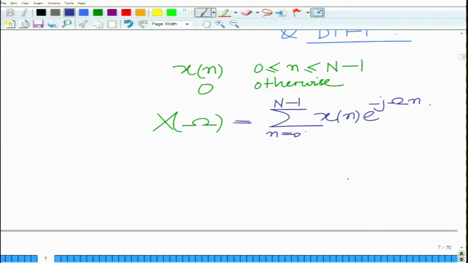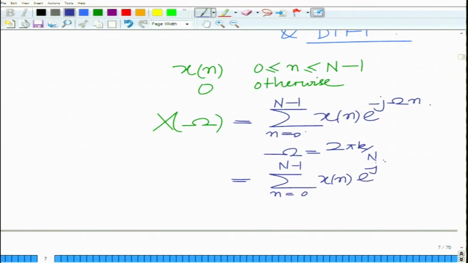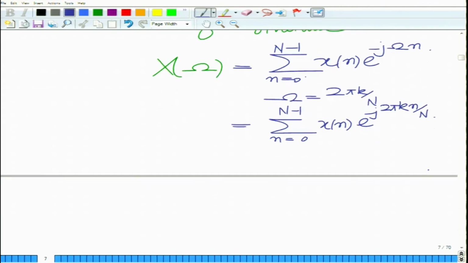Now, if you substitute omega equal to 2 pi k over N, this will become summation n equal to 0 to N minus 1 x[n] e raised to minus j 2 pi k n over N, which is nothing but the DFT coefficient X[k].